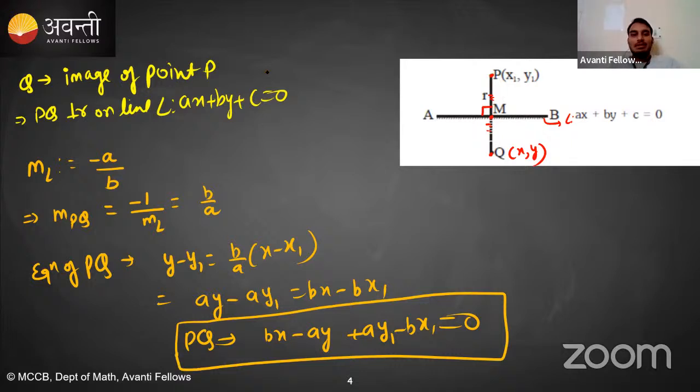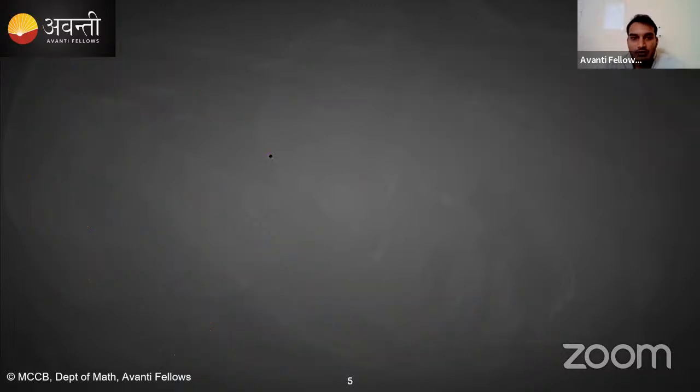Let's call this equation 1 and equation 2. If I solve my line L and line PQ, then I will get the point M, the point of intersection of L and PQ. I'm not solving it now, I'm just telling you.